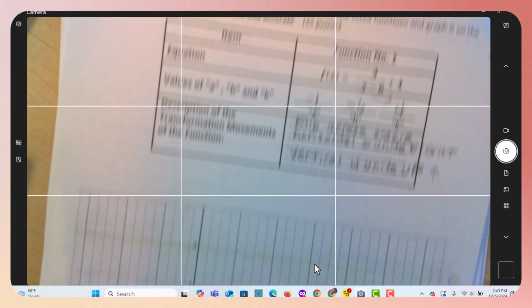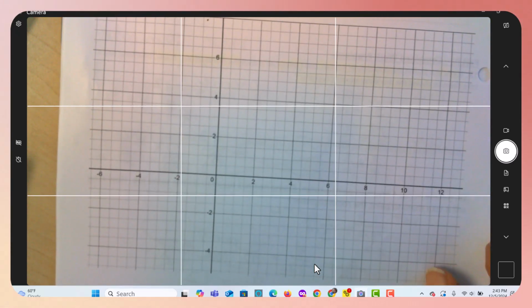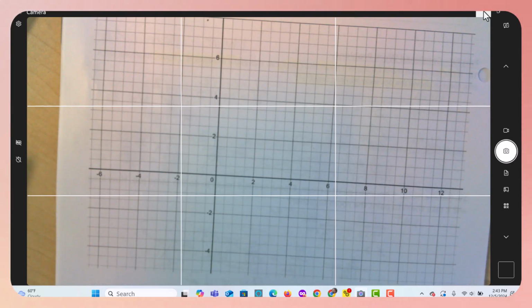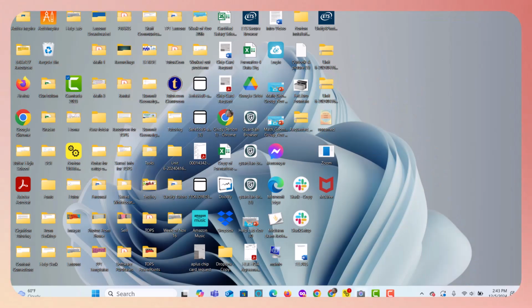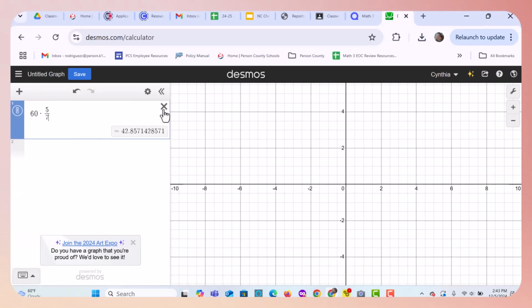All right, now we can graph that, and the easiest thing to do is put this in your calculator and then plot the points. But you can start with your parent function and then go from there, but the easiest thing to do, let me pull up your calculator again, is to put that function in.